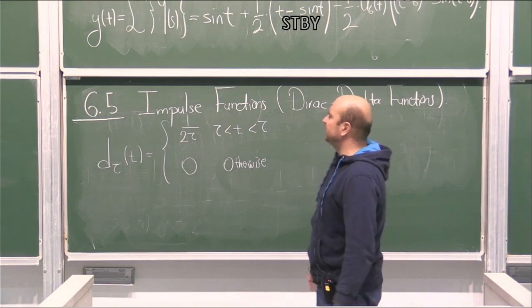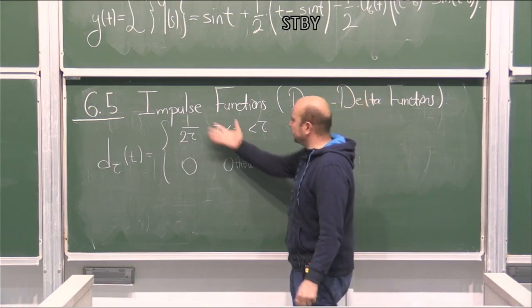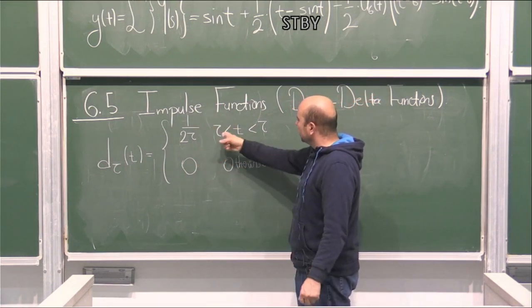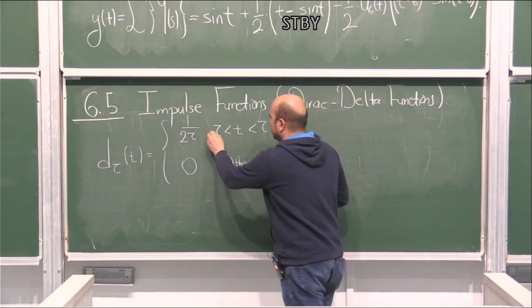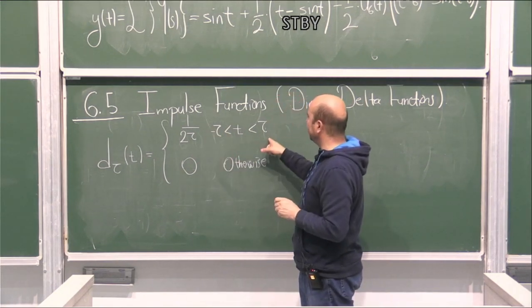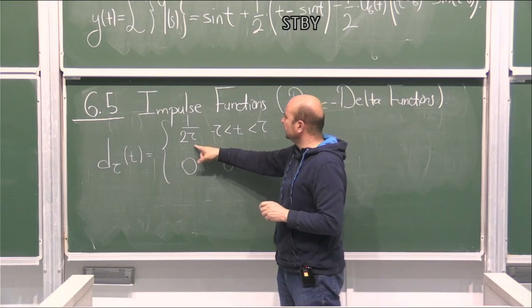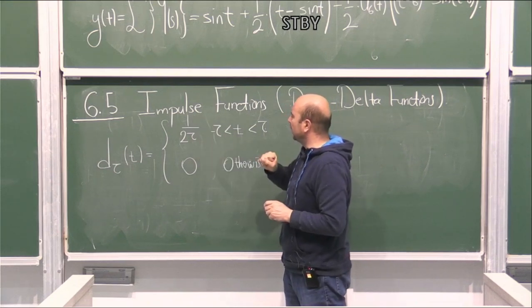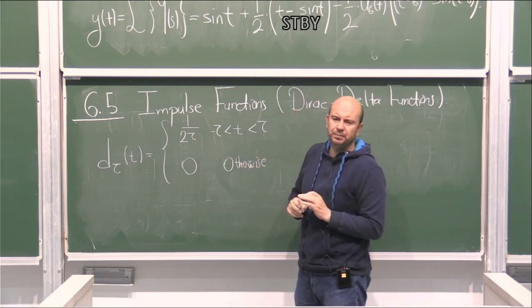So what is this d tau function? It says that basically it's a locally constant function between minus tau and tau. It's constant, whose value is 1/2 tau. Otherwise, it's completely zero.